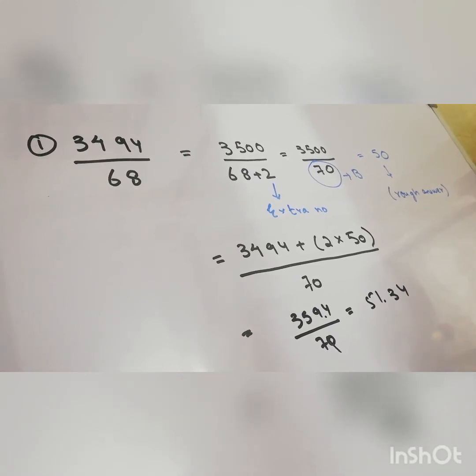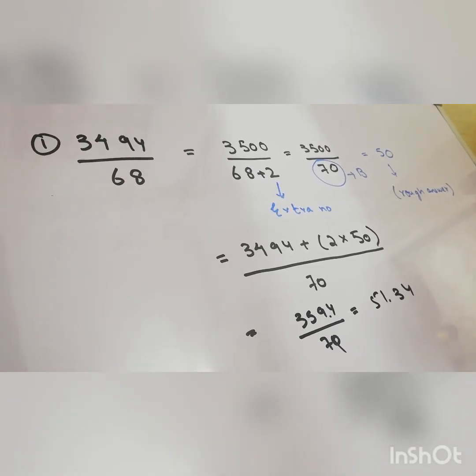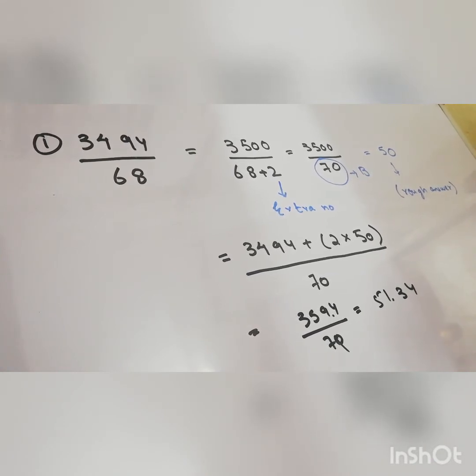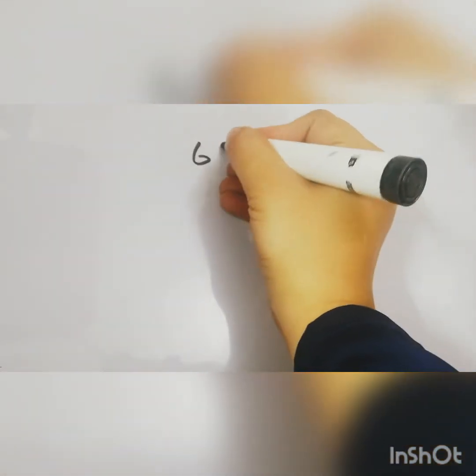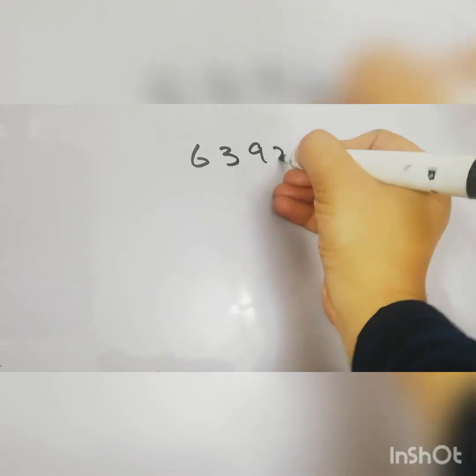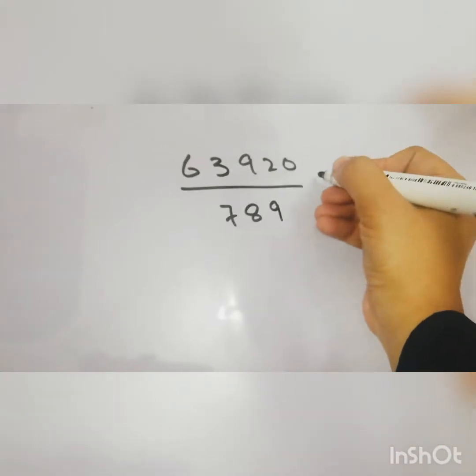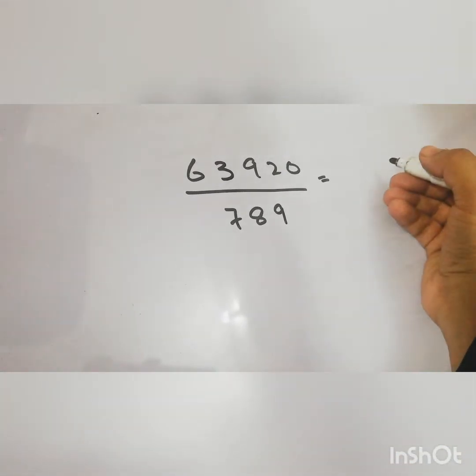Now friends, let us take another example. This time I'll be taking a 5 digit number as numerator and a 3 digit number as my denominator. For example, if I take a 5 digit number 63920, I will round it off to its nearest 100.